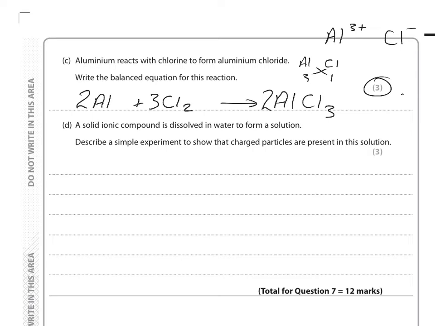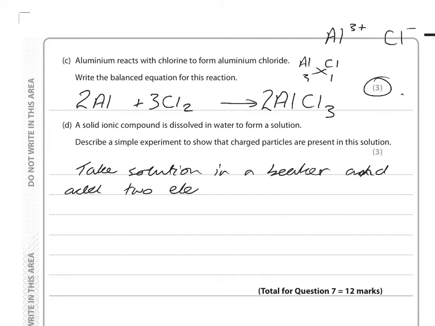So what you need to do is take the solution in a beaker and add 2 electrodes. That gets you your 1st mark.